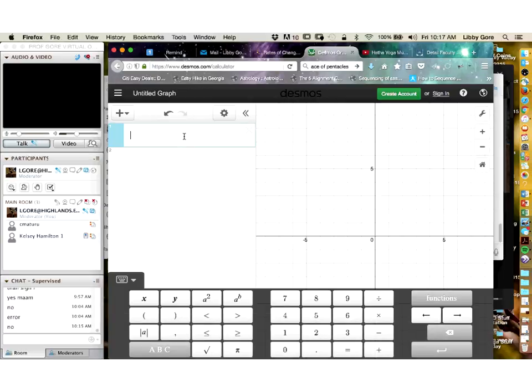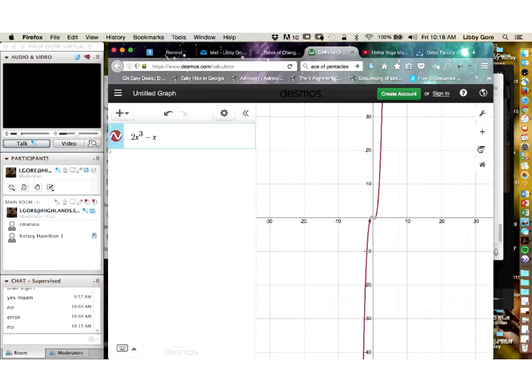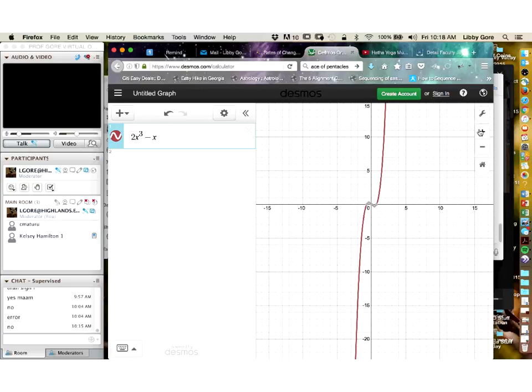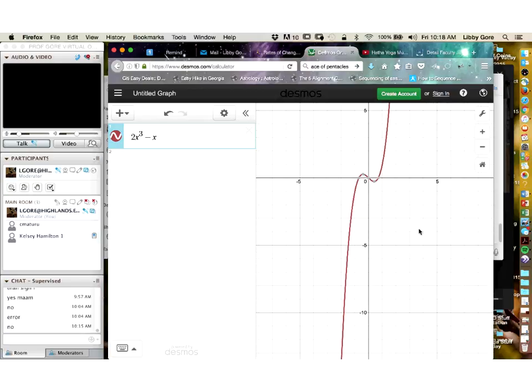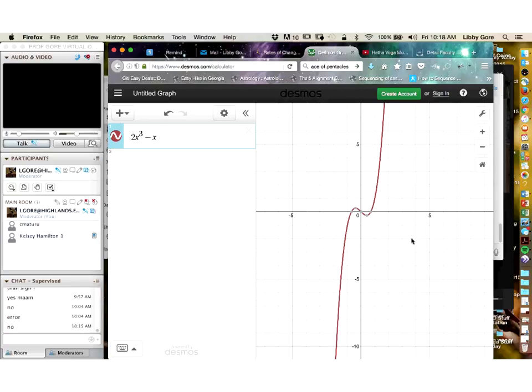Okay, so our function that we wanted to look at is 2x cubed minus x. I'm just going to zoom out so that you can see this thing keeps going and going. It makes an S across the x-axis there.